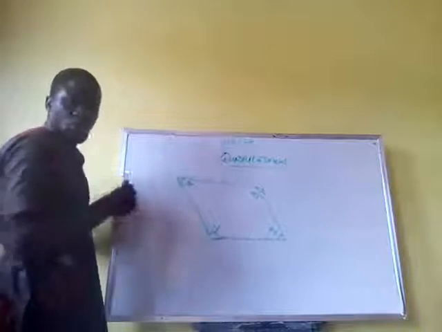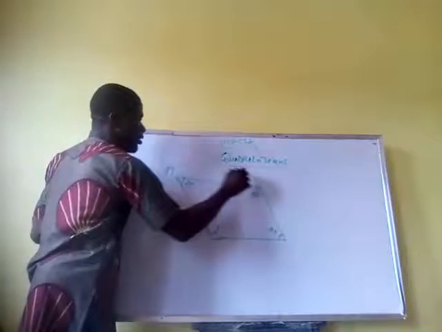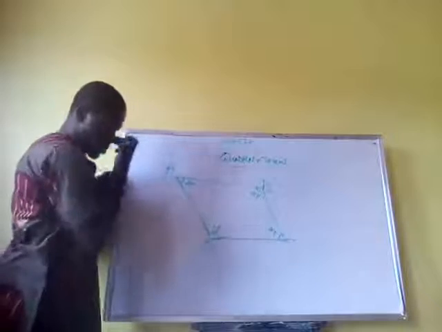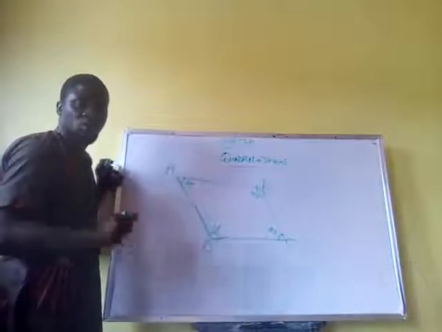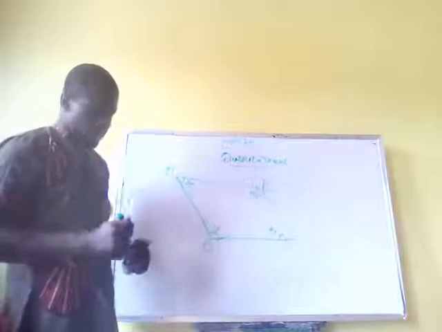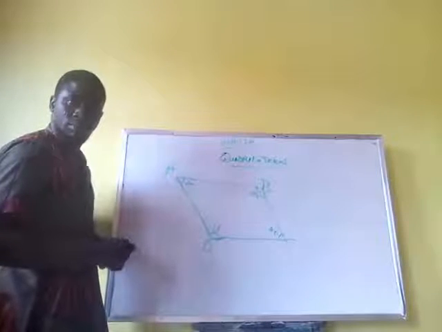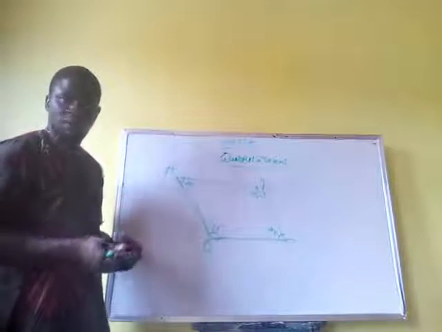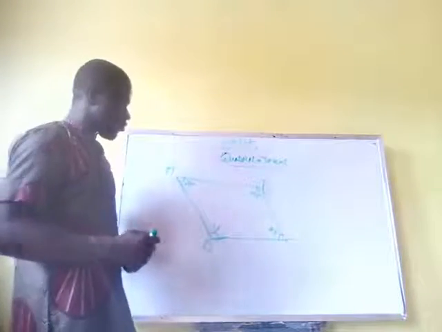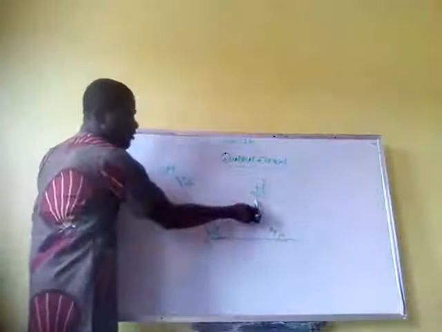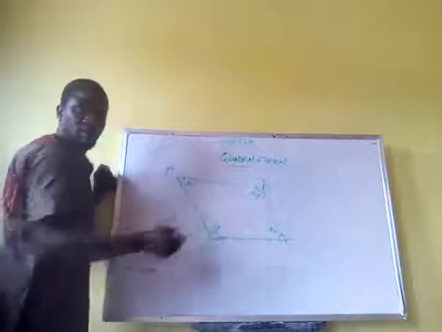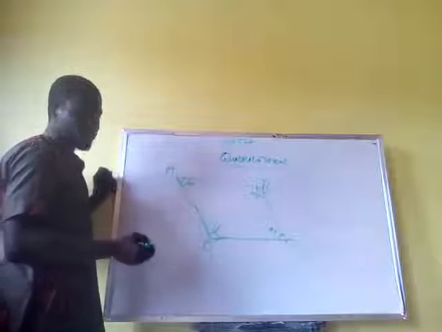From the first thing I showed you, just name it A, B, C, and D. Opposite angles of a parallelogram. Quadrilaterals are also parallelograms because they have four sides. So this is equal to this, opposite angles of a quadrilateral.